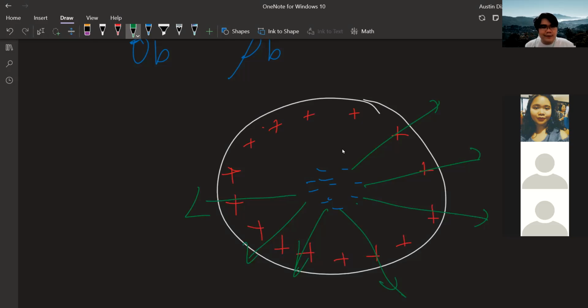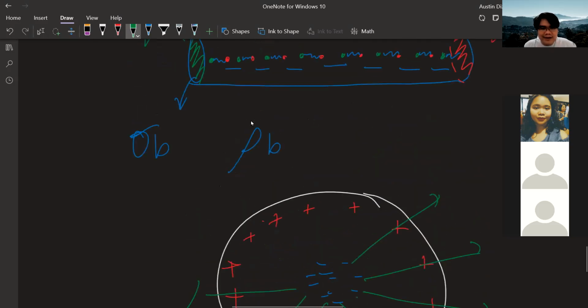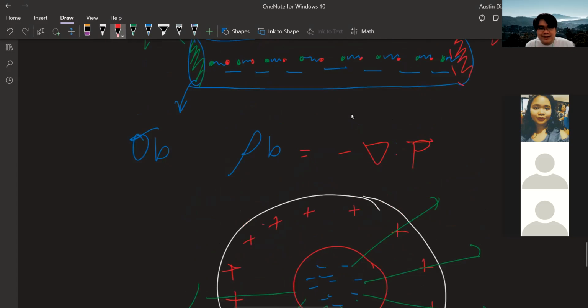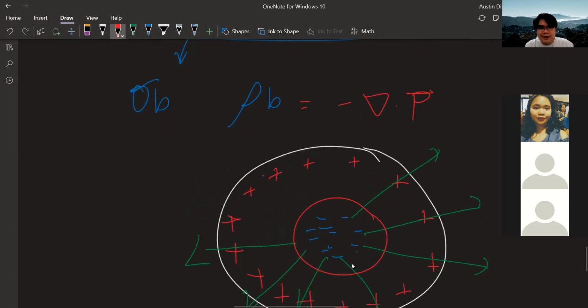Ang point is, alam natin yung outside may sigma B. However, yung inside, kailangan din natin mabigyan ng pansin. Okay? So, itong nasa loob na yan, ayun yung dinedesignate natin na negative del dot P. Okay? Kaya divergence yung ginagamit kasi para makita mo kung pa-diverging yung system.